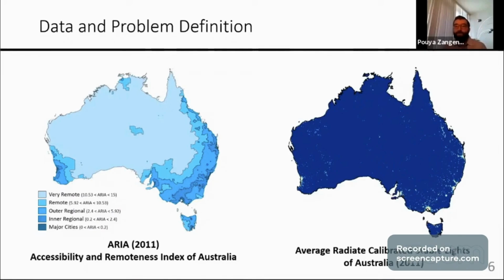They define some service centers around the different communities and calculate the relative distance of populations to those centers. And when we looked at it, and then looked at the nighttime lights of Australia, we thought, yes, there is definitely some version of correlation there.